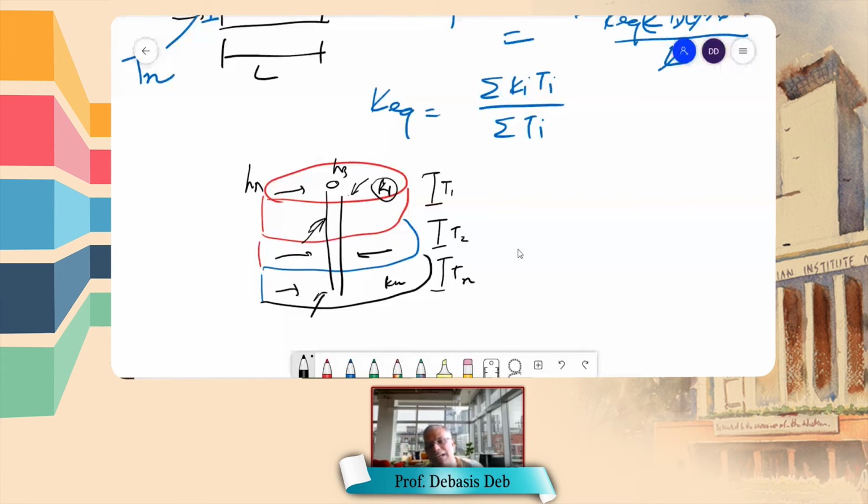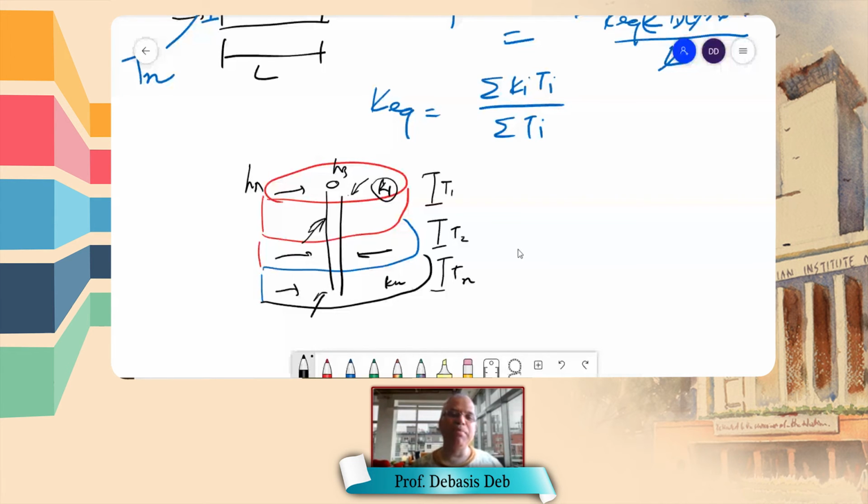But remember that in parallel, the head potential difference remains constant for each layer, just like Ohm's law. And here also the formula is exactly the same as above. You can derive it. So I hope you understood the concept of combining the layers.